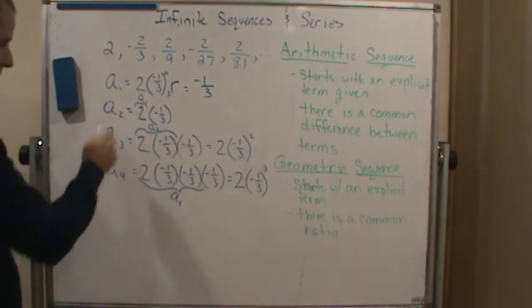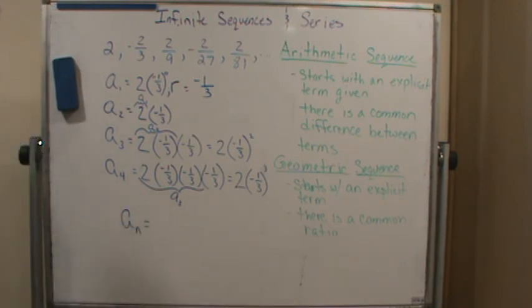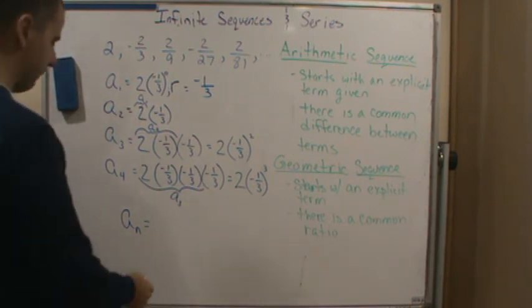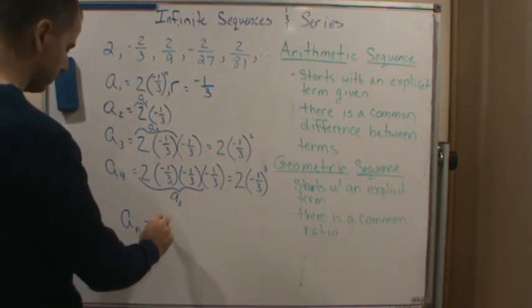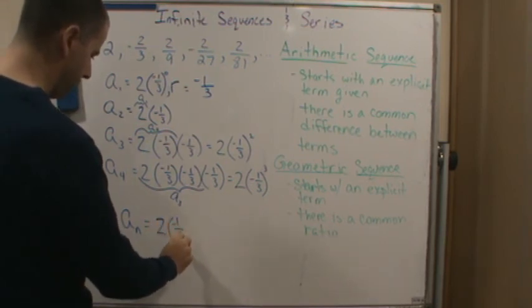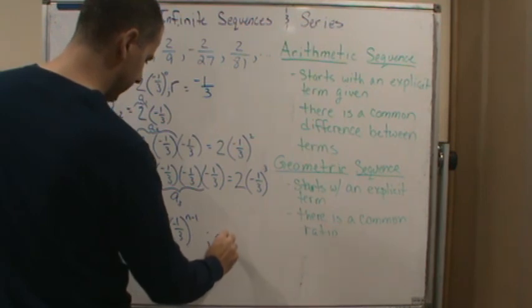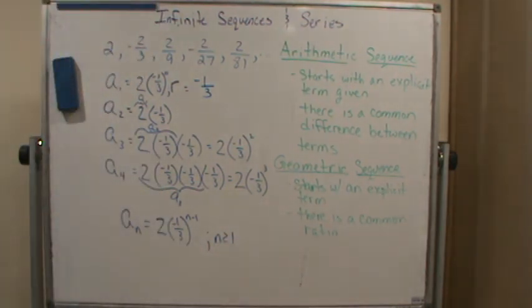So we can define this sequence with an explicit formula in terms of n: a sub n equals 2 times negative 1/3 to the n minus 1 power for n greater than or equal to 1. And so that would be the explicit formula for this sequence.